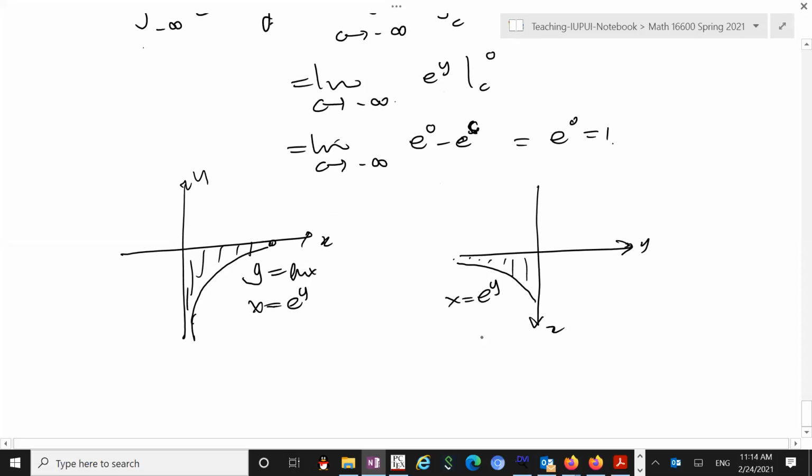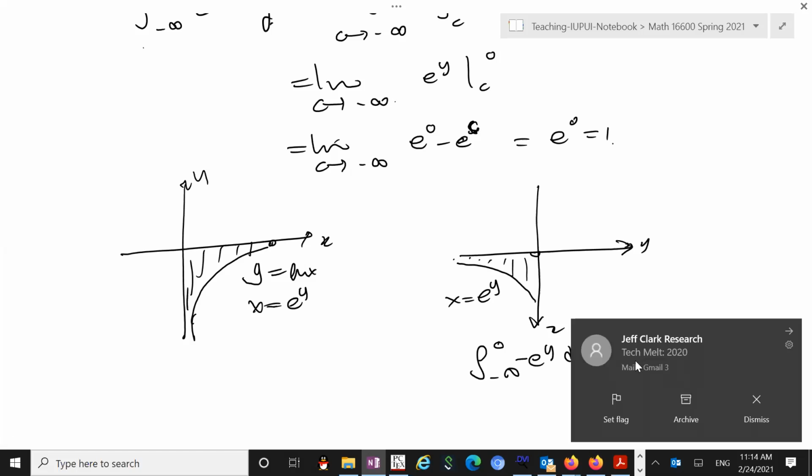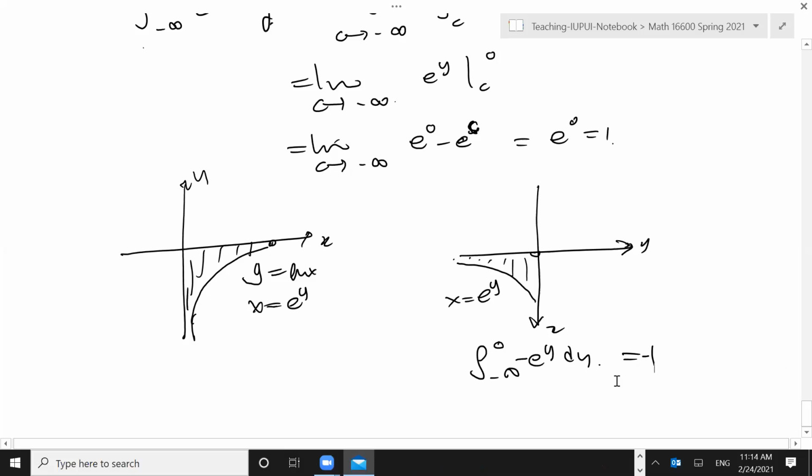This time the area is going to be the integral from negative infinity to 0 of e to the y dy. That's why it's going to be 1. Now, if the function is negative and I put a negative sign, then I get negative 1. It depends how you view it.